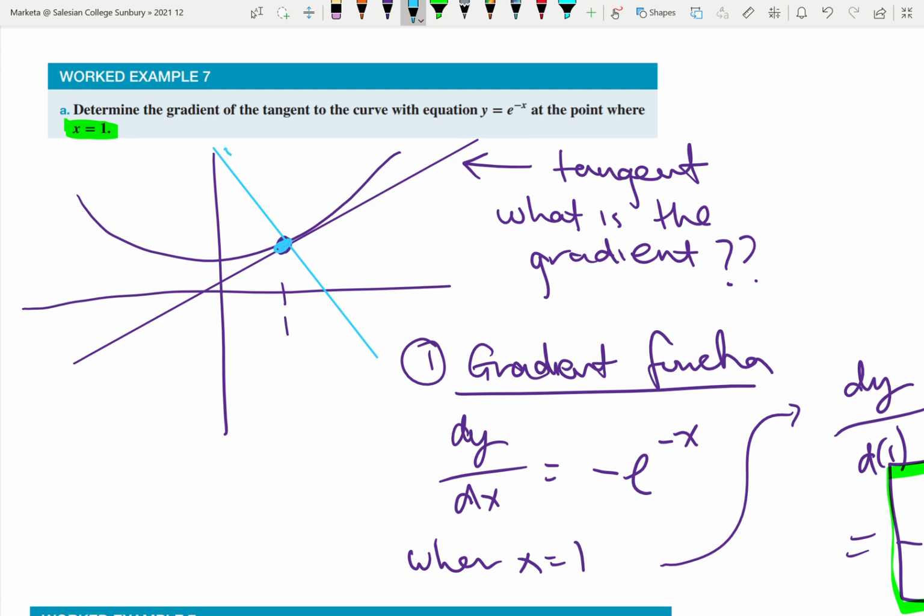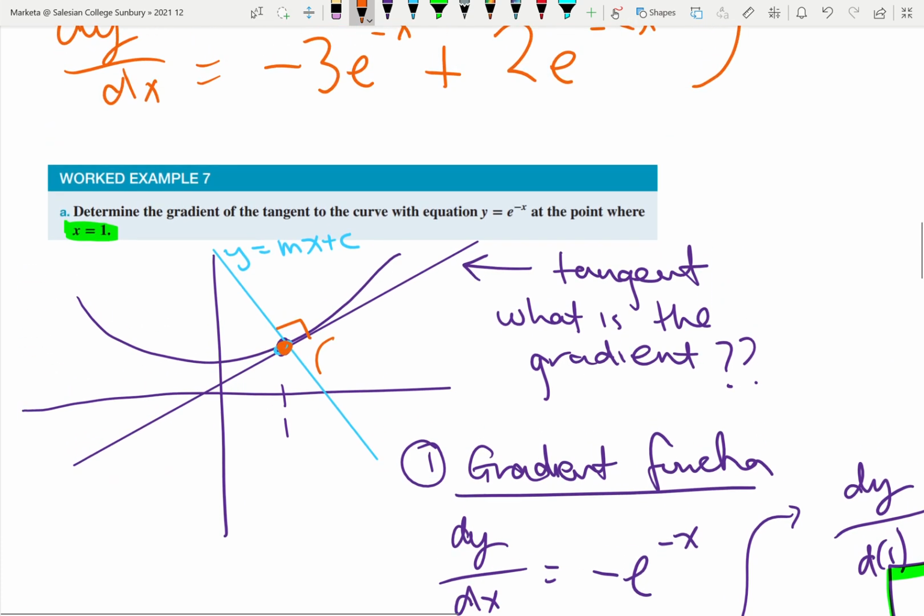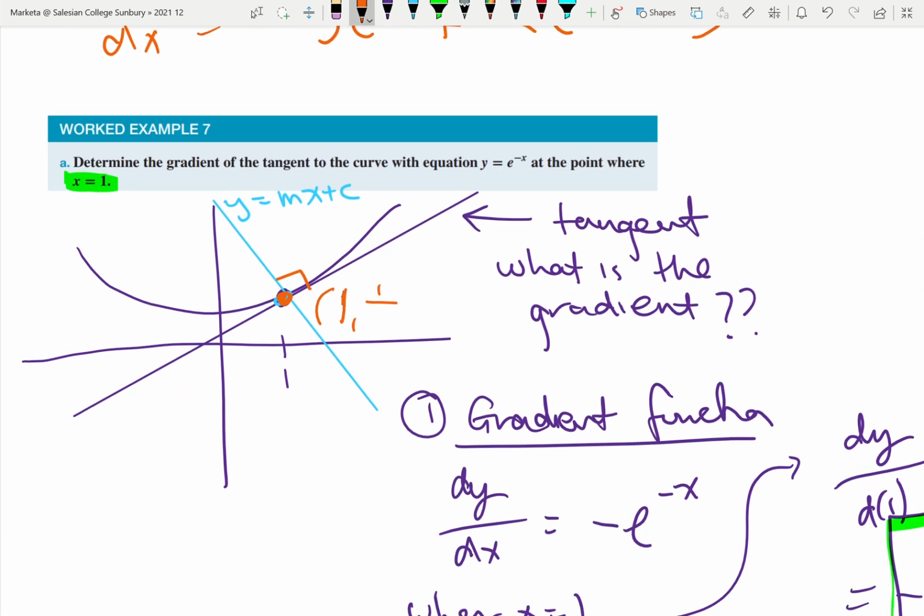This line is also y equals mx plus c, a straight line. Perpendicular lines meet at right angles, and they pass through the same point, which we already found: 1 comma 1 over e. The gradient of the perpendicular line is the opposite of the tangent's.